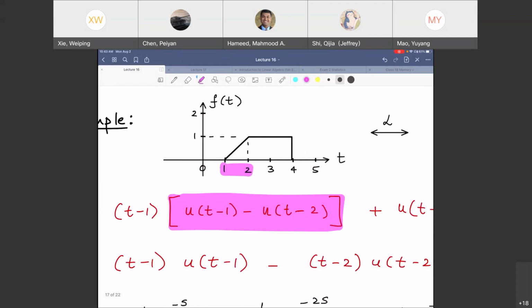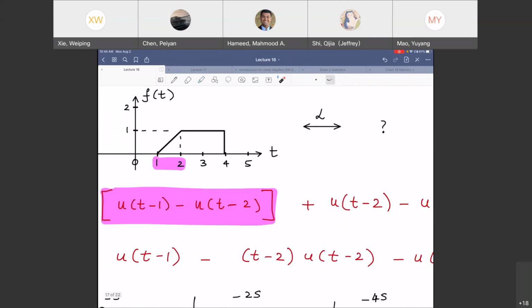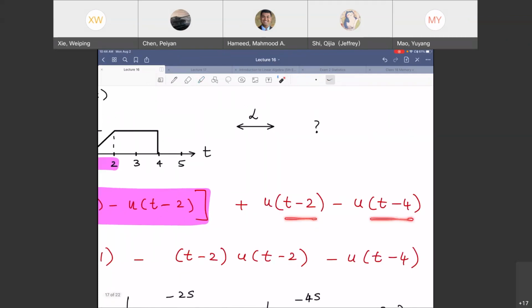And then I have another guy, and that is multiplied by a ramp. What is that? It's a line that has a slope of 1 and a y-intercept of how much? -1, right? So you got t minus 1 there. And then between 2 and 4, it is simply a gate. So open the gate at 2, close the gate at 4, you're done.